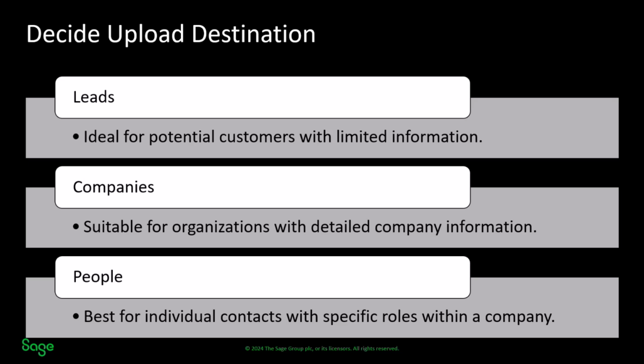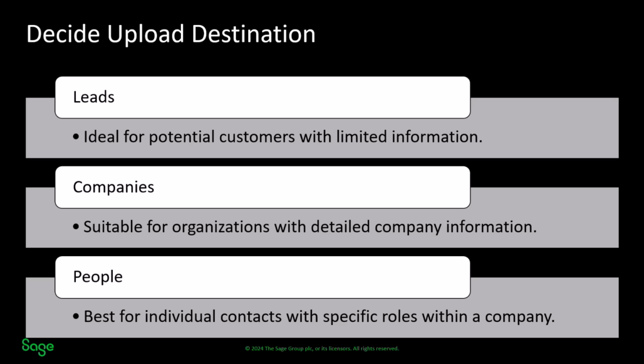So if we're focused on lead generation and lead qualification, then the leads object may well be the best choice. And if you're managing an existing customer relationship and you're into a point where you know these are existing customers, and so this is where you're not starting from scratch, you're going straight in to be prepared to link into an accounting product, then companies and people would be more appropriate.